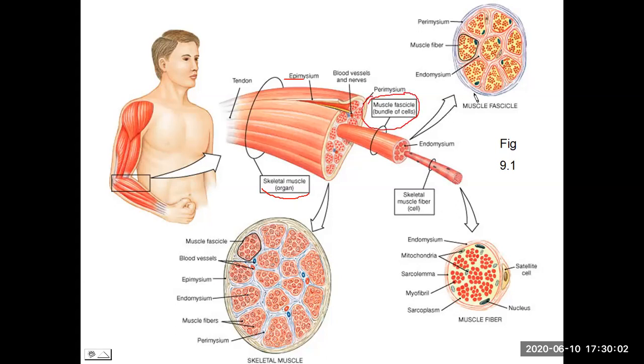And a fascicle wrapped in perimysium, bundling this group of cells together. The fascicle could be broken apart into individual skeletal muscle fibers, individual cells, and one muscle fiber, of course, wrapped around the sarcolemma is that deepest layer of tissue, the endomysium.